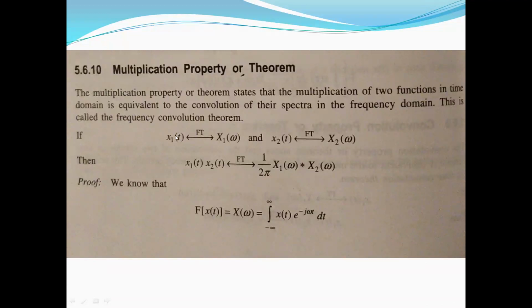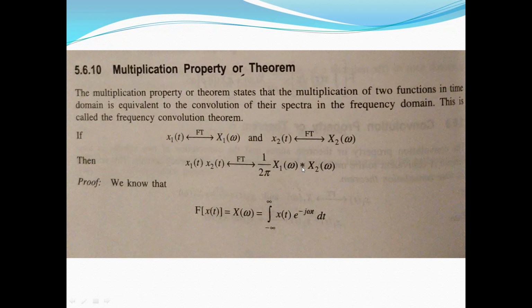Hence, if a signal x1 has a Fourier transform X1 omega and x2 has a Fourier transform X2 omega, then their multiplication, that is x1 of t times x2 of t, has the Fourier transform 1 by 2 pi X1 omega star X2 omega.